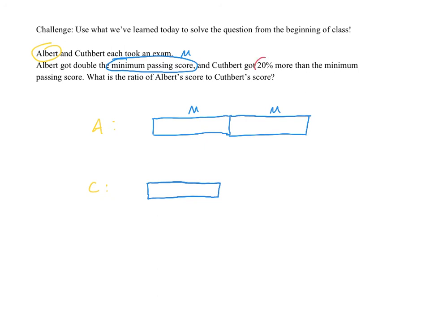So now I need to take my 20% more, think about that amount, and 20% is the same as 1/5 in a fraction. So I'd like to chop up this amount in 5 different sections and add 1/5 of that section. So if I draw in one more little 1/5 bar.